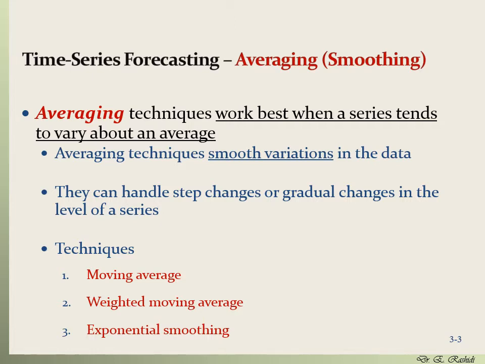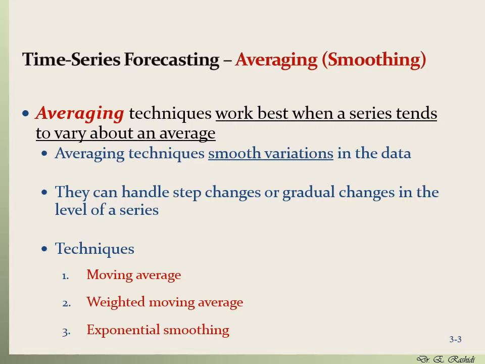So an averaging technique or a smoothing technique is going to smooth the variation in your data. So it's going to smooth the ups and downs in your data, especially the sudden ones. The averaging or smoothing techniques can handle step changes or gradual changes in your time series.